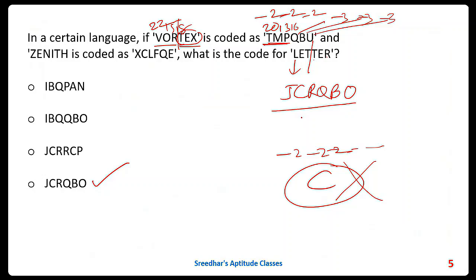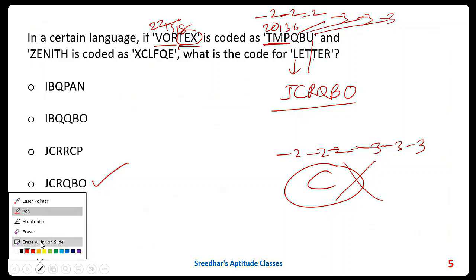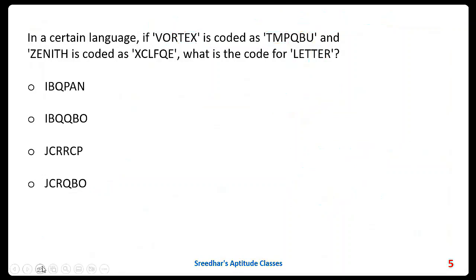Here the first 3 are minus 2, the last 3 are minus 3. Am I right? Do you agree? If any of you have an issue with the explanation, let me know. So here the answer is option 4. Yes, an easy question, but in the hurry while writing the exam, there is a chance to pick the wrong option, but the answer is the fourth option.